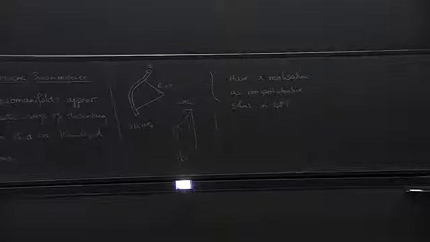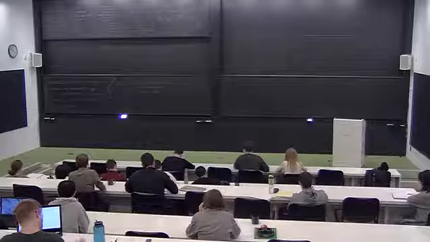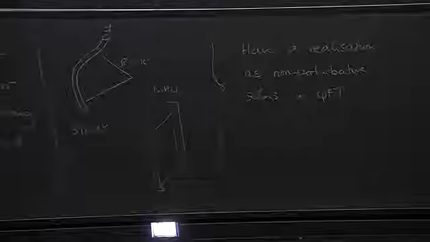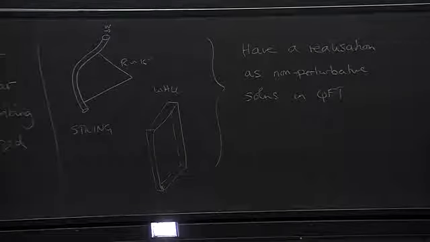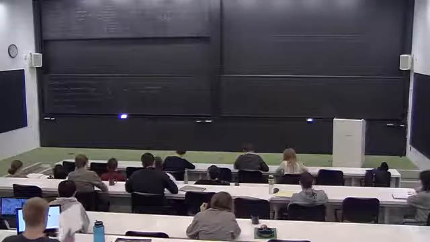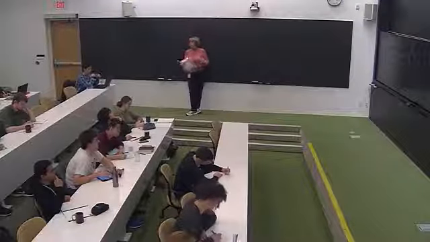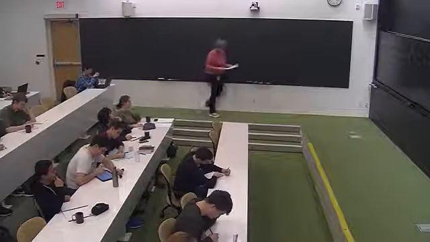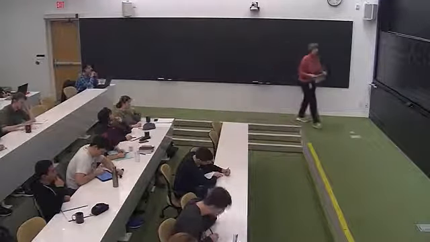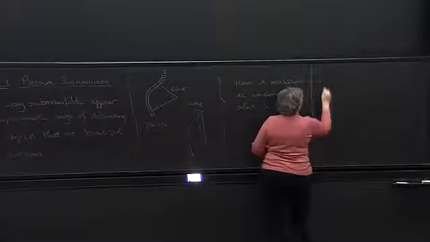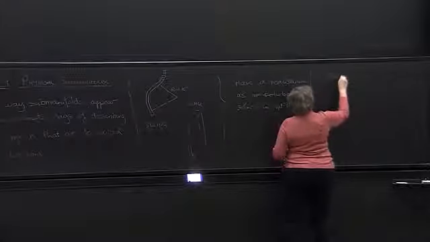But depending on what the structure of your vacuum is, and quite often our vacuum has non-trivial structure because we have spontaneous symmetry breaking, you can, in certain potentials, have these non-perturbative solutions that are nonetheless stable.